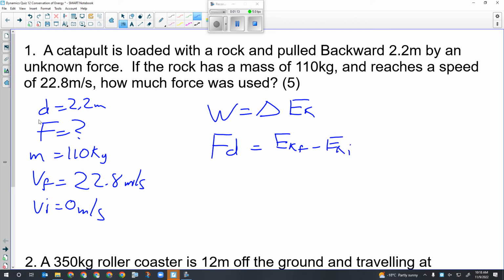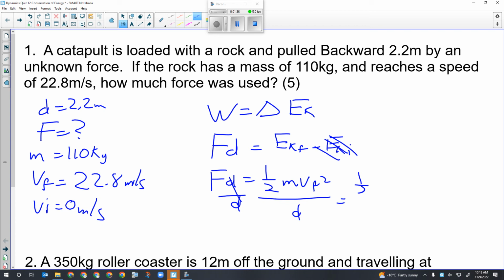What's EK initial? 0. It's sitting in the catapult. At that point, it would actually have elastic potential energy due to the nature of the catapult. So now we can say force times distance equals 1/2 mvf squared, and solve for F, because that's what they wanted to know.